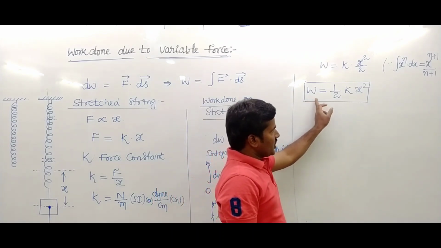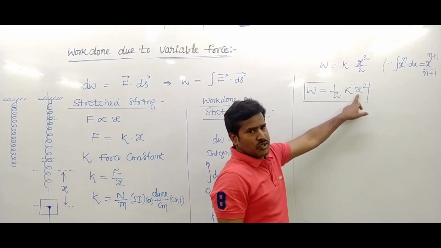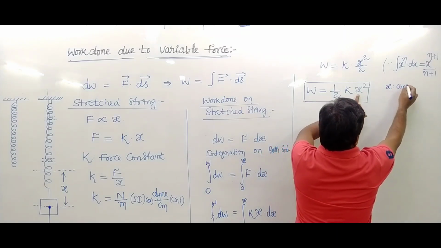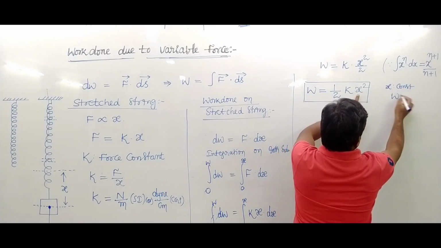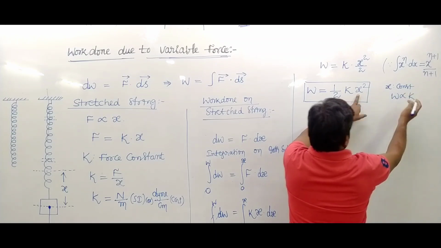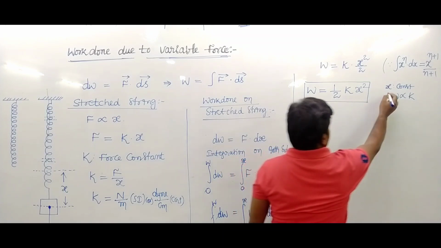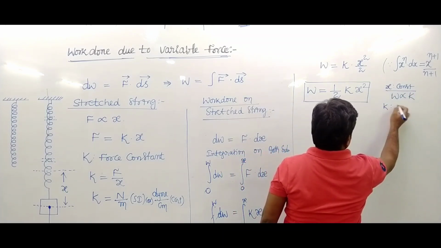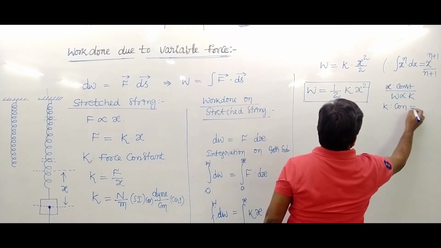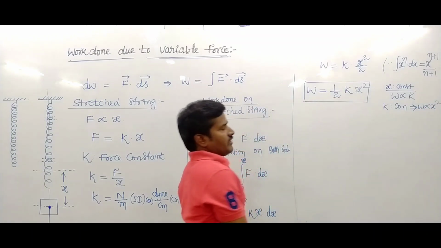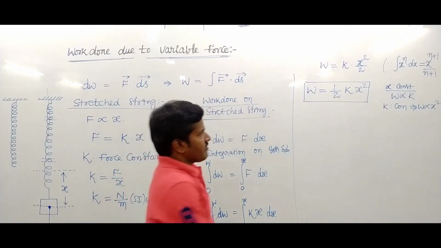If x is constant, then the work done is directly proportional to k. If k is constant, then work is directly proportional to x square.